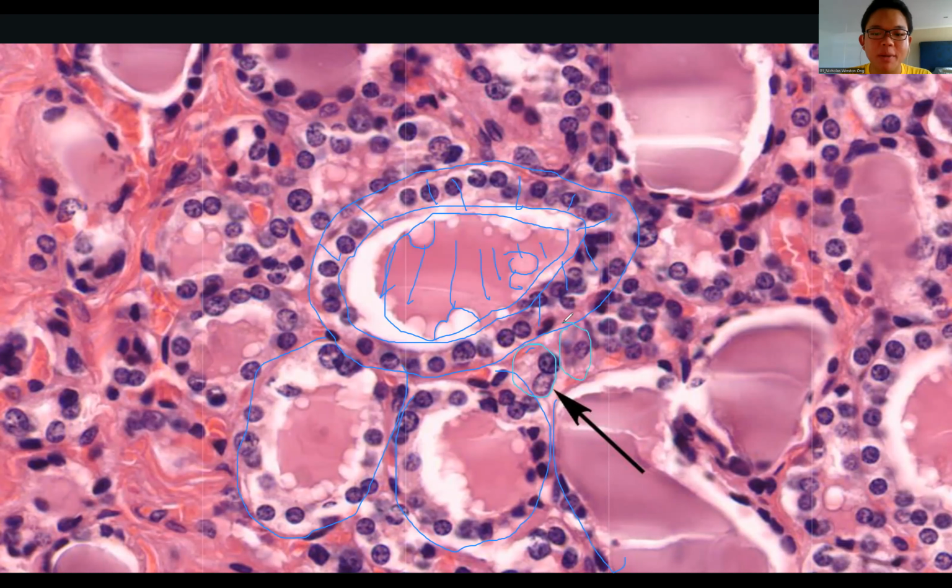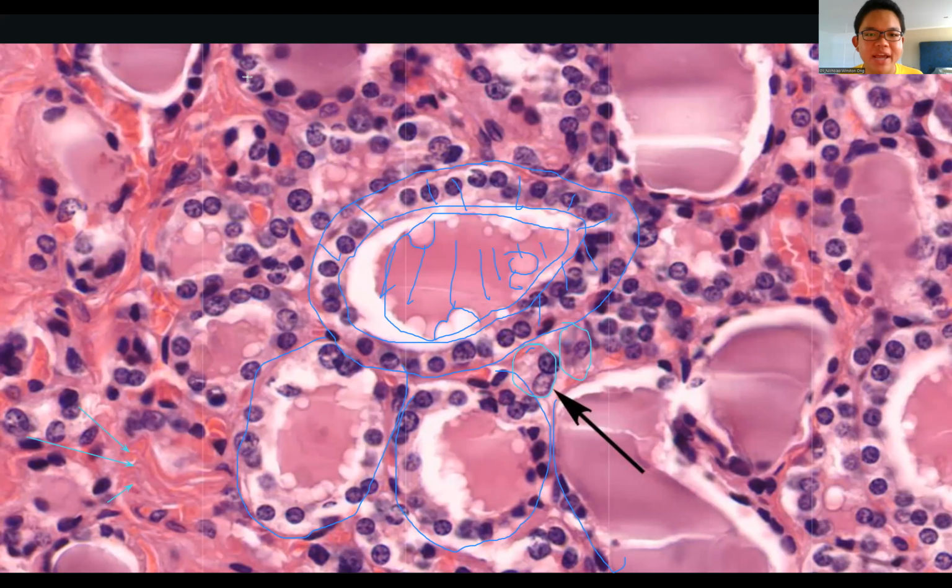Now, do you remember what the parafollicular cells will produce? Correct. The parafollicular cells will produce thyrocalcitonin, while the thyroid follicles will produce thyroxine. Right over here, these are connective tissues, because all structures in the body will be connected to one another by connective tissues.